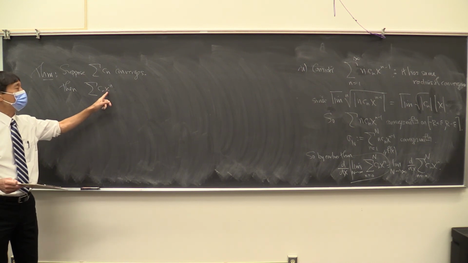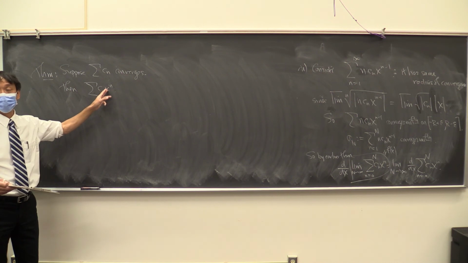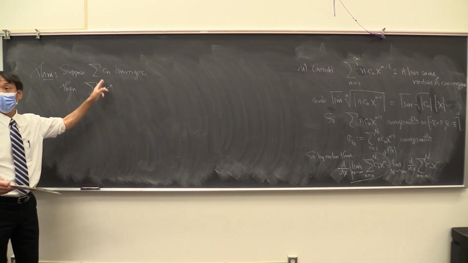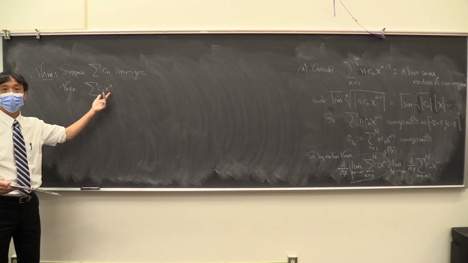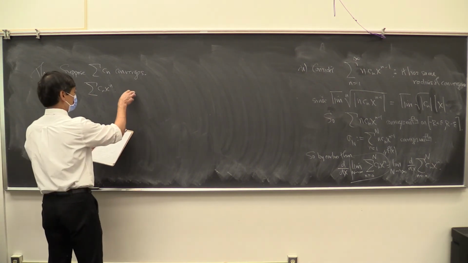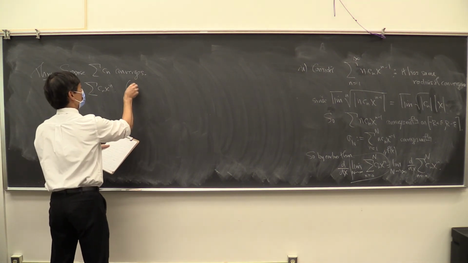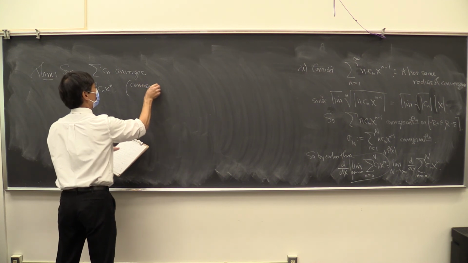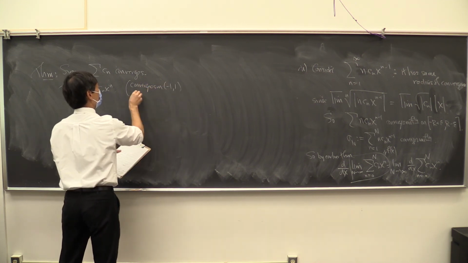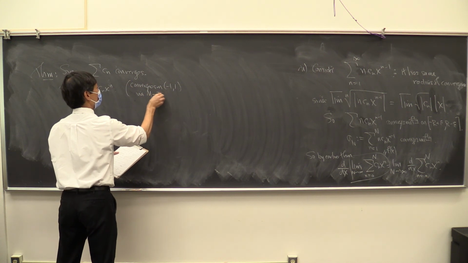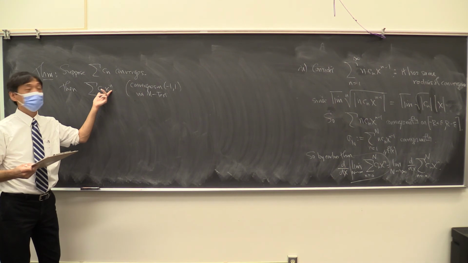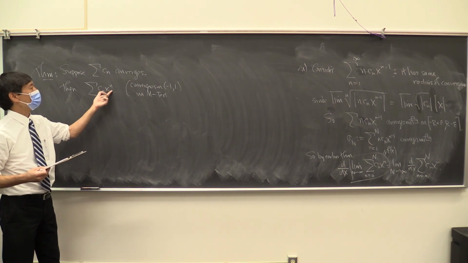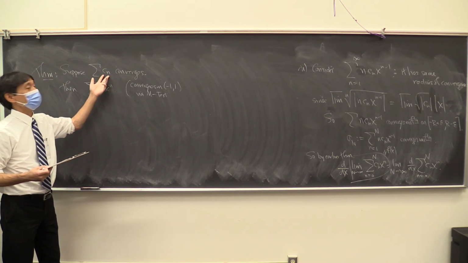So by the Weierstrass M-test, we have uniform convergence on the open interval -1, 1. Because the absolute value of these is going to be bounded by the sums of these things.